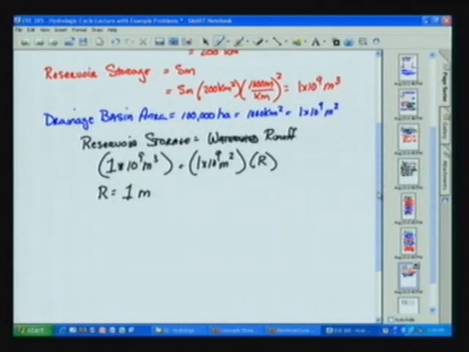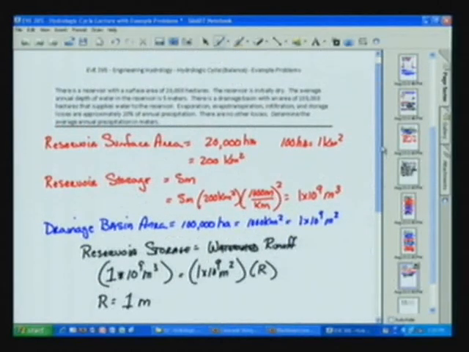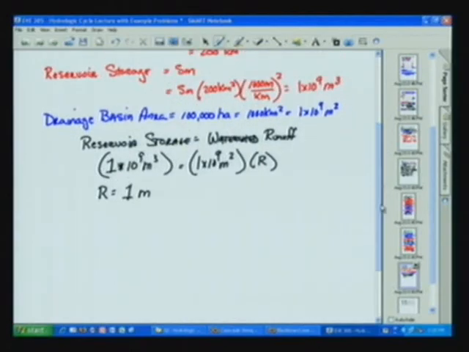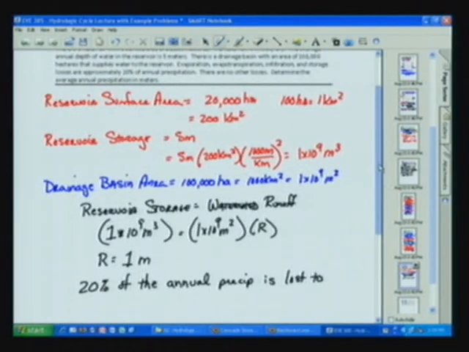Now from the ratios we were given, we know that 20% of the annual precipitation is lost to, what do we have there? Evaporation.